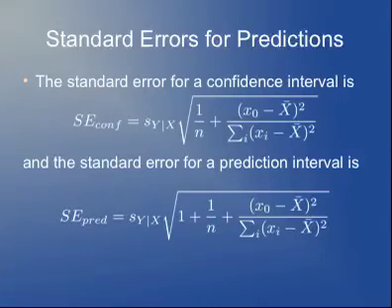But the one thing that might be worth noting is that they're exactly the same, except in the formula for the prediction interval, there's a +1 inside the square root, where there's no +1 inside the square root for the confidence interval. That implies the standard error for a prediction interval is always larger than the standard error for a confidence interval. Makes intuitive sense. The expected predictive error in the height of a tree is always going to be greater than the expected predictive error of the mean height of the forest.